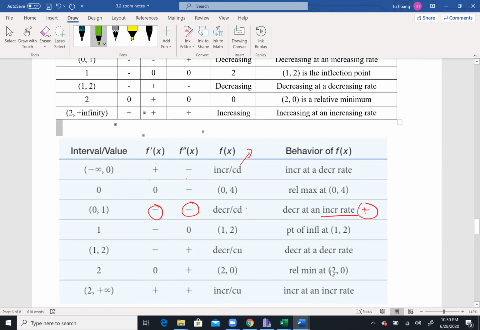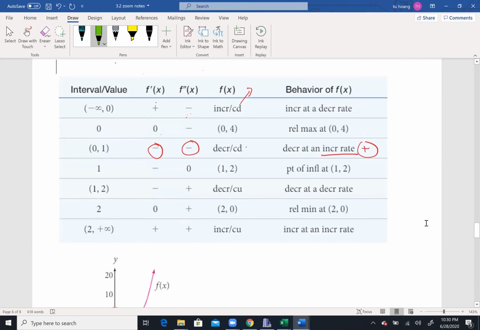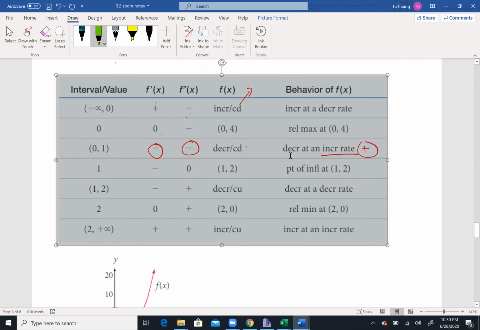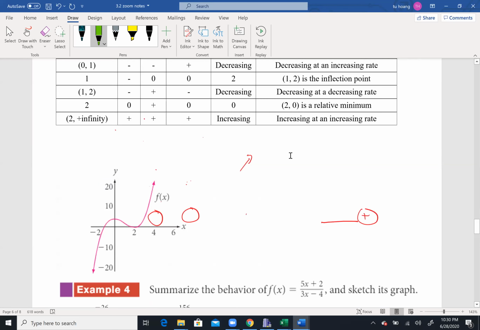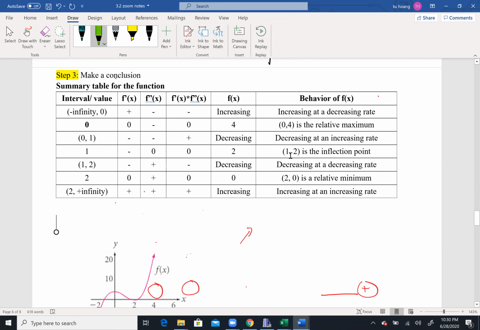Okay, so let me see if I missed anything. No, everything looks good. So just always follow this summarized table.